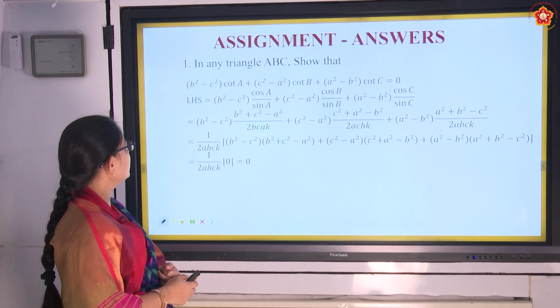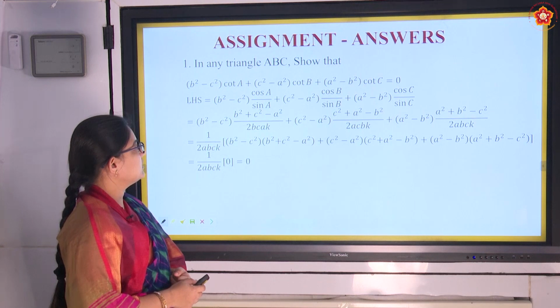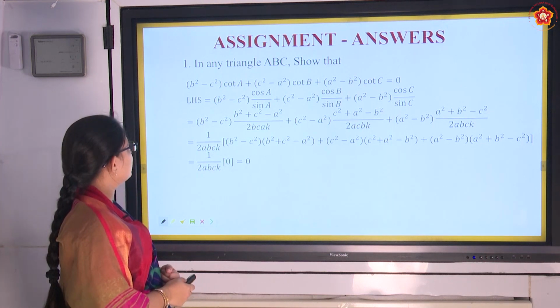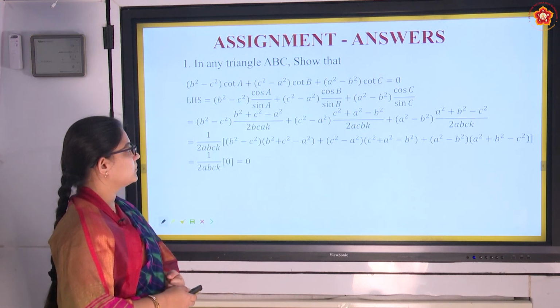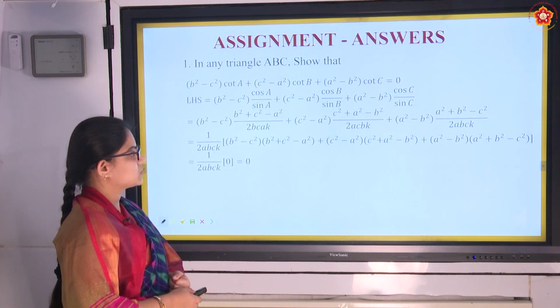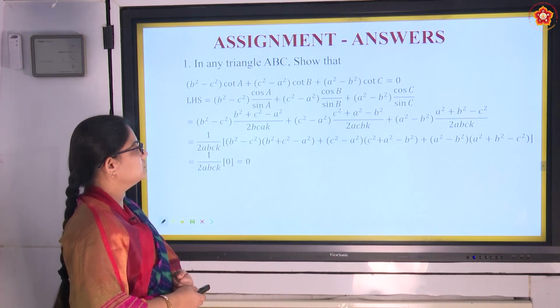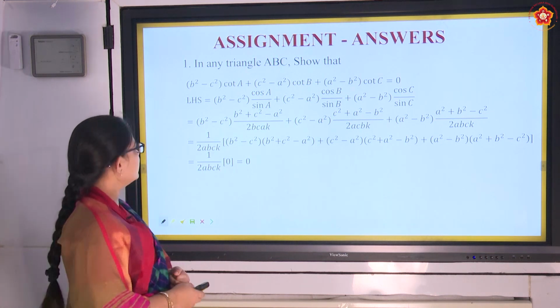First question: in any triangle ABC, show that (b square minus c square) cot A plus (c square minus a square) cot B plus (a square minus b square) cot C is equal to 0. Let us take the left hand side.